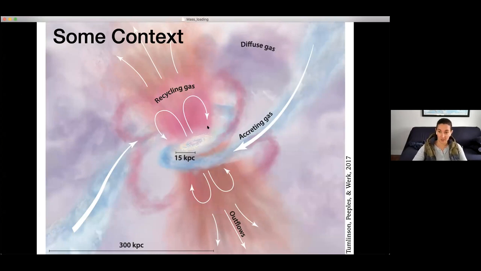And we're interested in that because we think that the process of removing gas from galaxies, or at the very least removing gas from halos, is an important one in galaxy formation, and perhaps is responsible for setting many of the properties of galaxies that we see today. And so, one of the ways that we try to parameterize this is by measuring mass outflow rates, and associated with that, this parameter that we call mass loading.